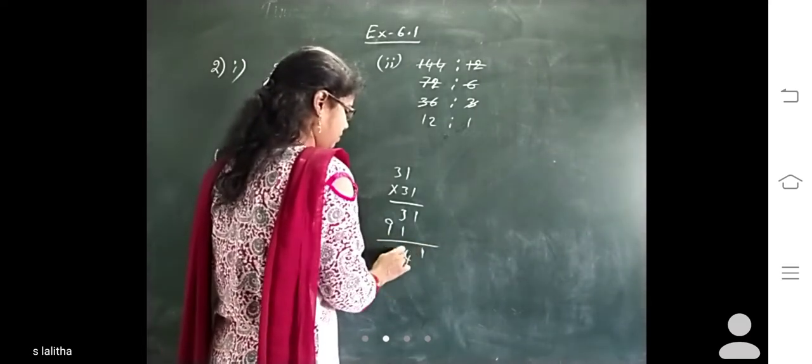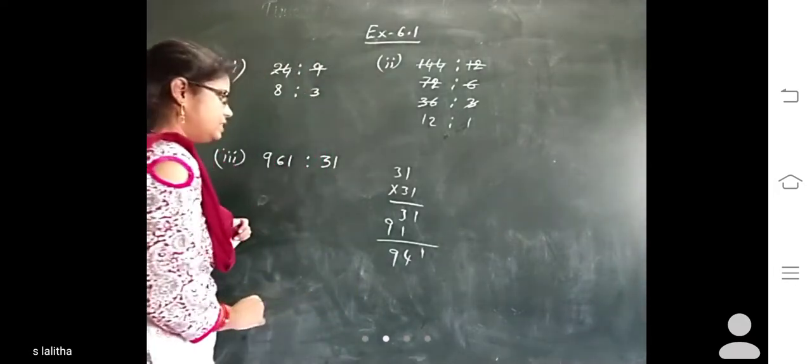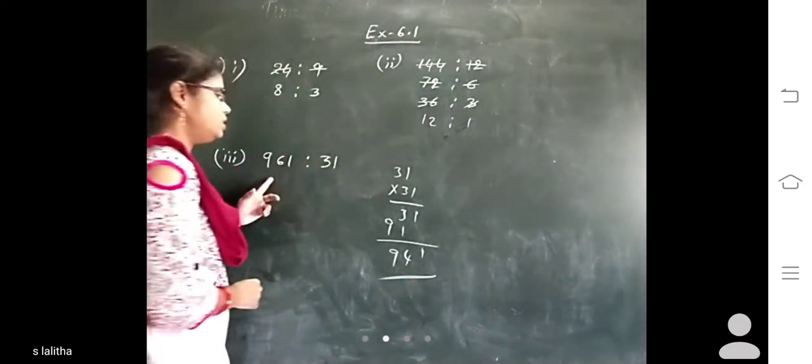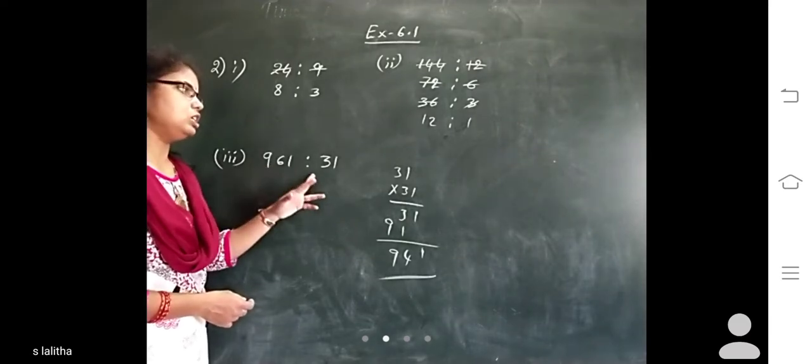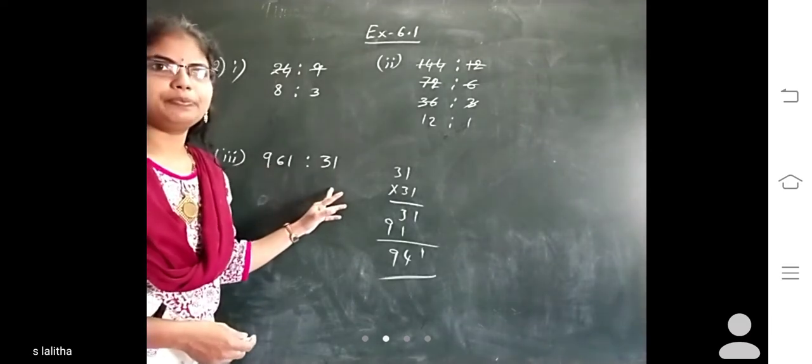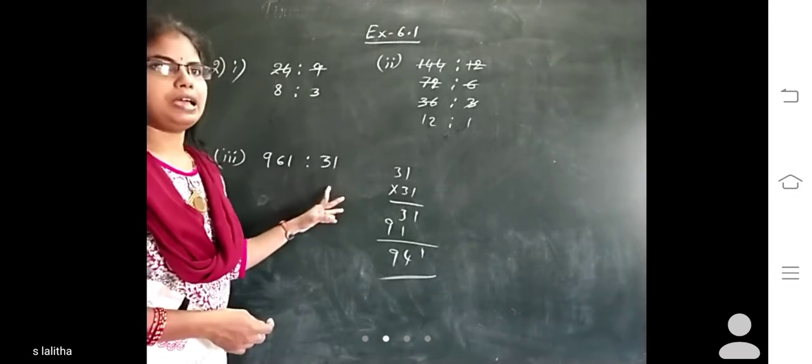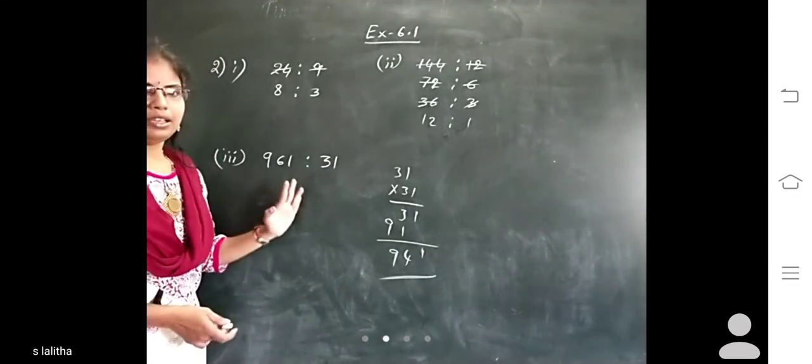So it is not divisible by any number. 961. So 961 is to 31. Why? Because 31 is a prime number. So it is not divisible by any number.